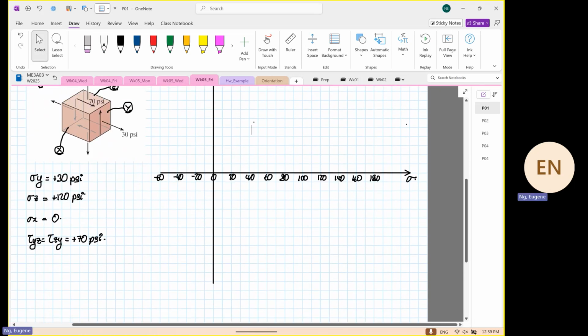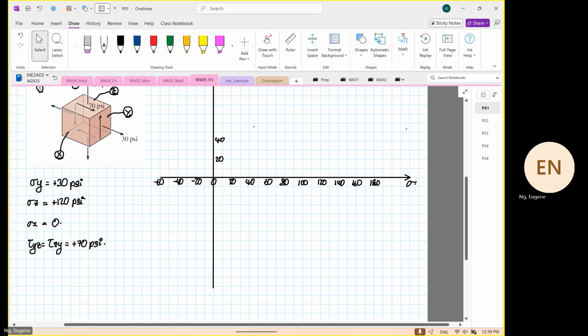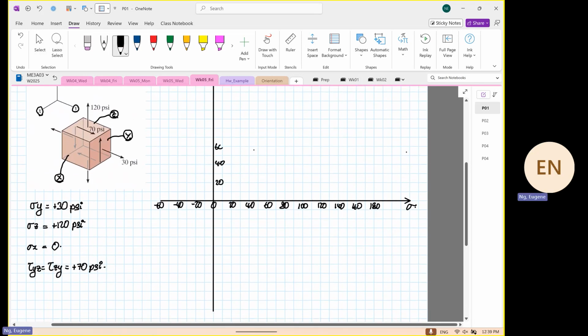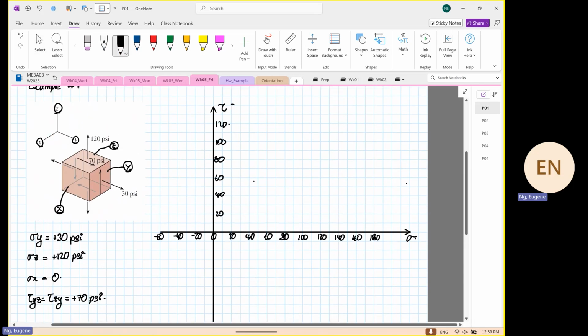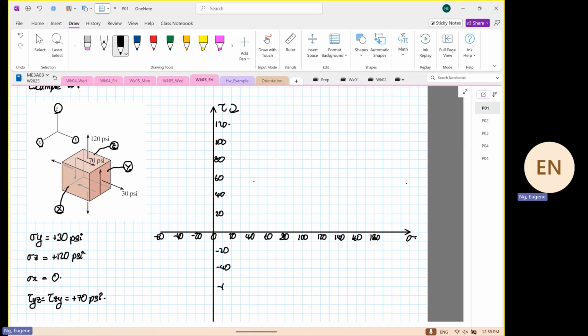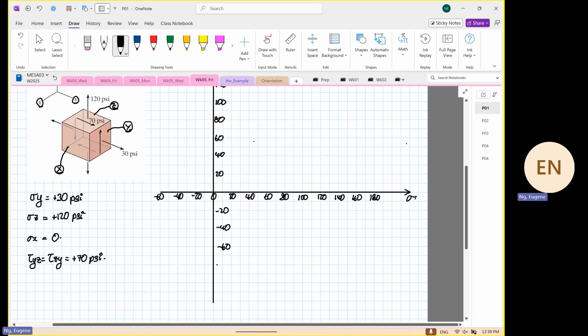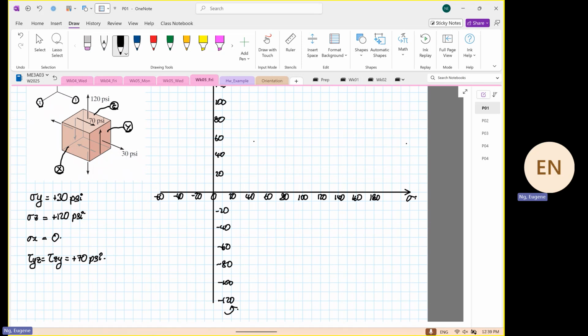Okay, so our shearing stress, we have 20, 40, 60, 80, 100, 120. Now the shear stress at the top is element rotating clockwise. Minus 20, minus 40, minus 60, minus 80, minus 100, minus 120, element rotating in the anti-clockwise direction. Nothing new. It's exactly the same like what? 2D Mohr circle. Okay.